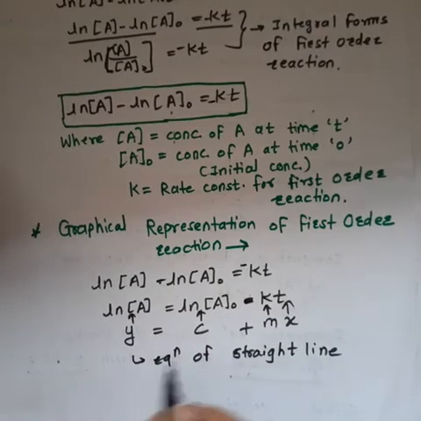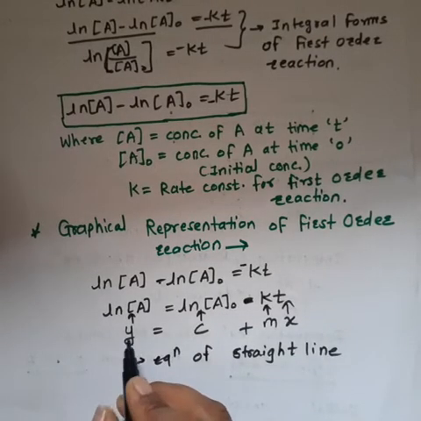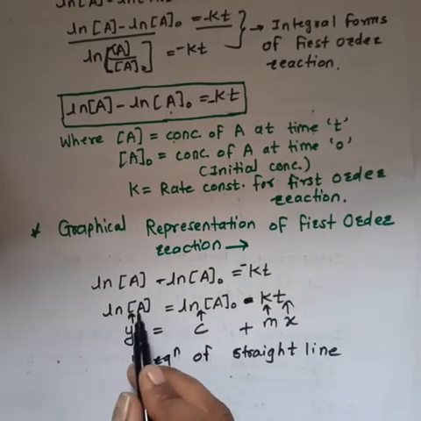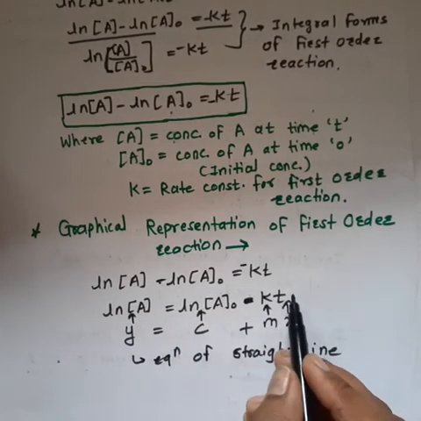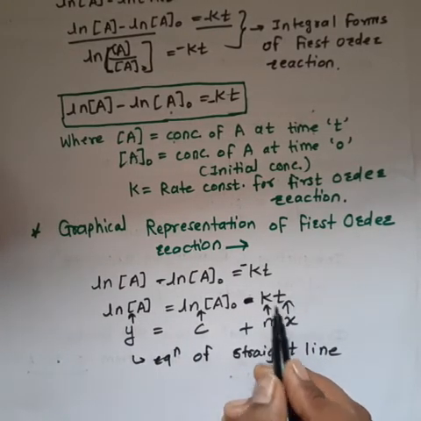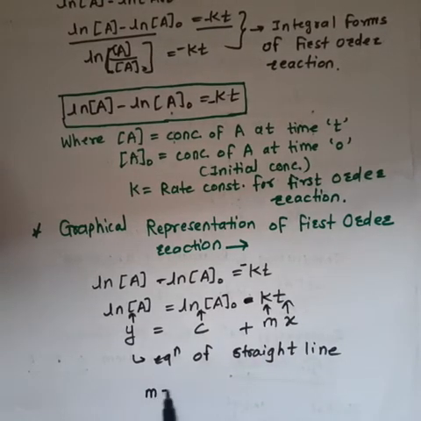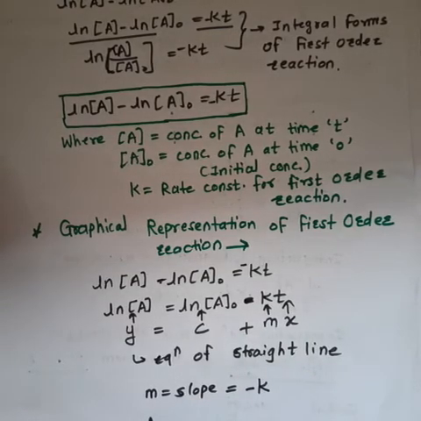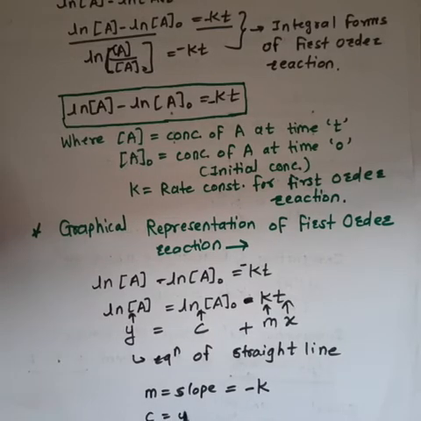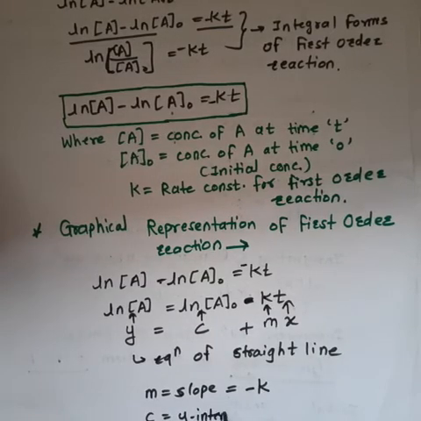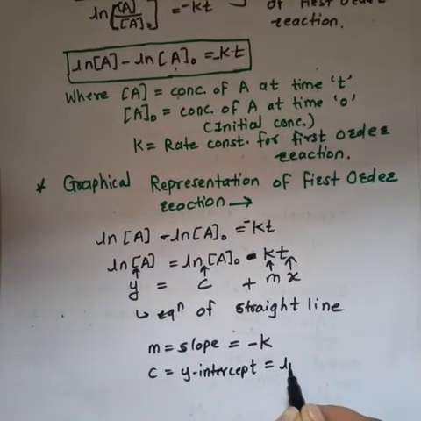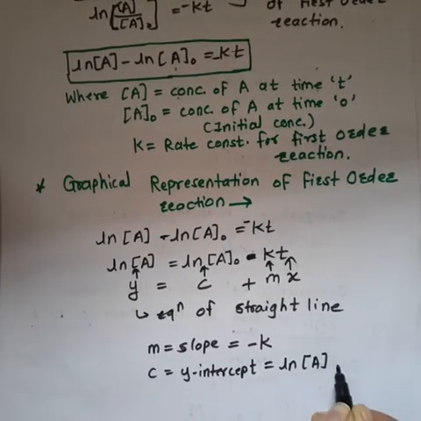On the y axis ln of a is plotted, on the x axis t is plotted. So we get the slope m equal to minus k, and c or y intercept is equal to ln of a0.